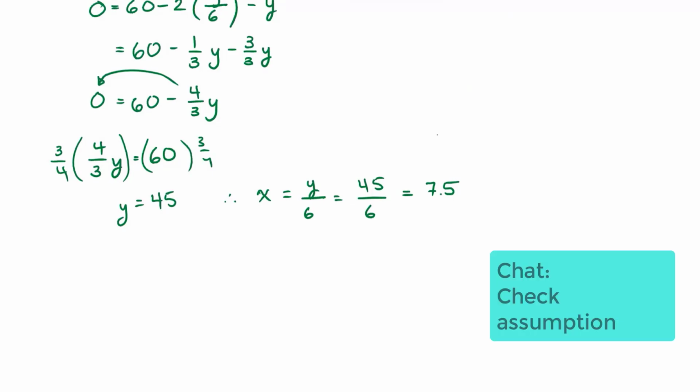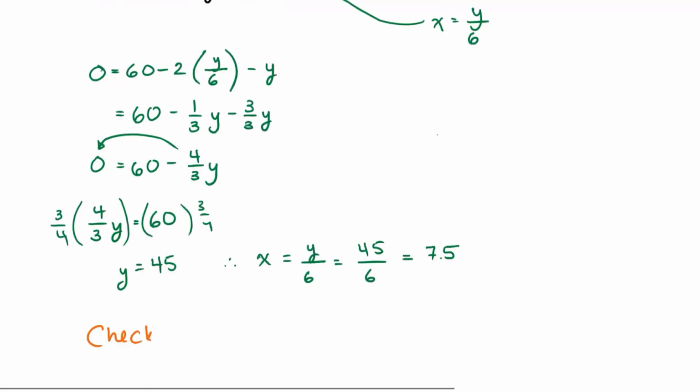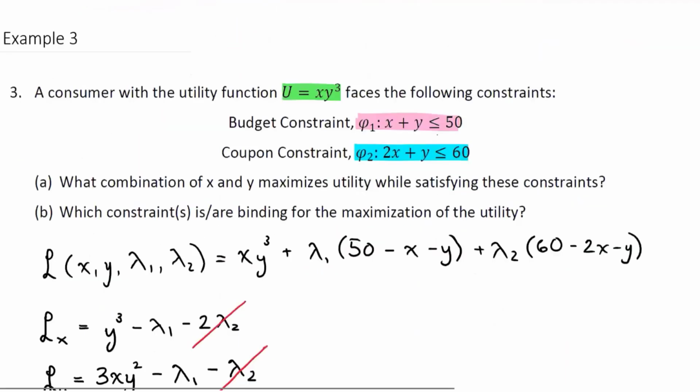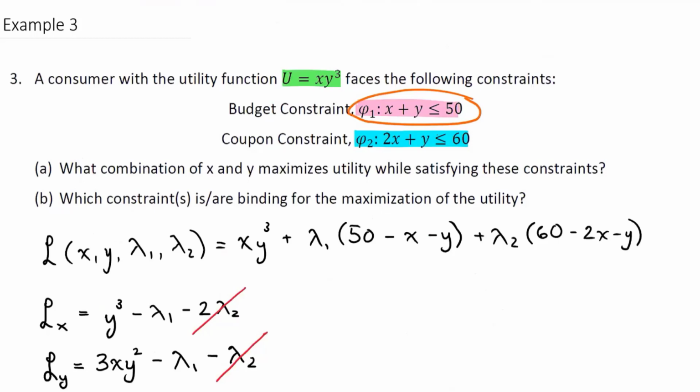So now, before I settle on this being my solution, what do I have to do? I have to do another check. So this time I have to check which constraint did I assume was satisfied? Constraint 1. So I have to check constraint 1. Constraint 1, going all the way up to the top, is x plus y is less than or equal to 50.